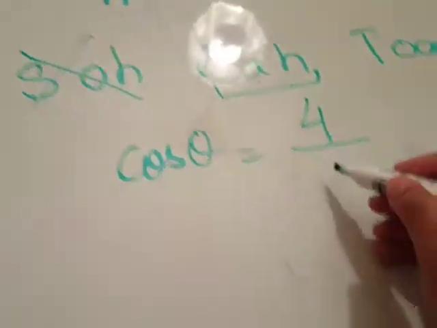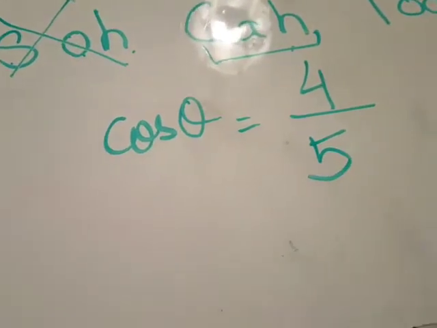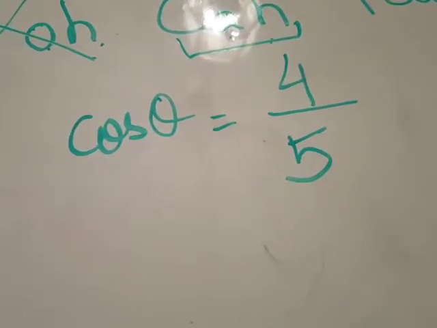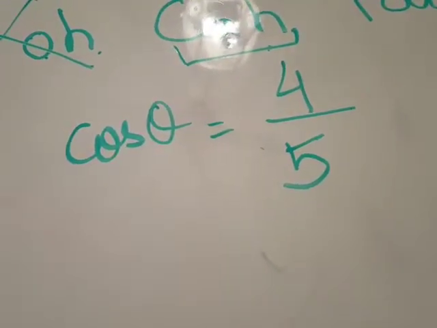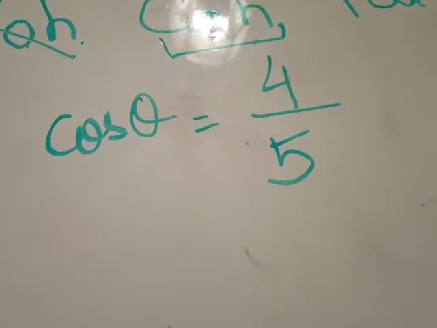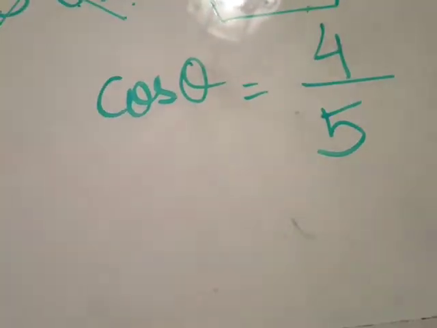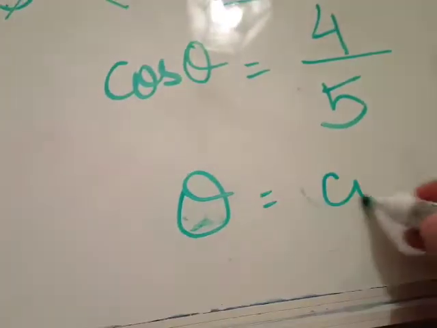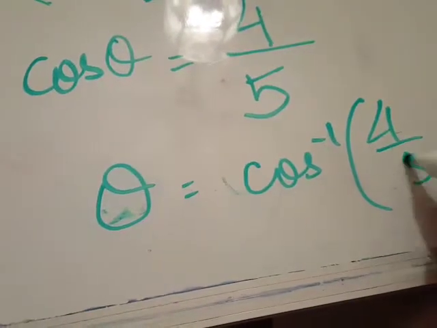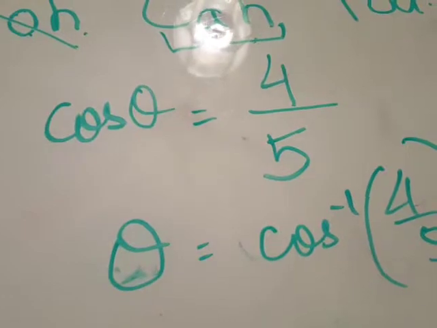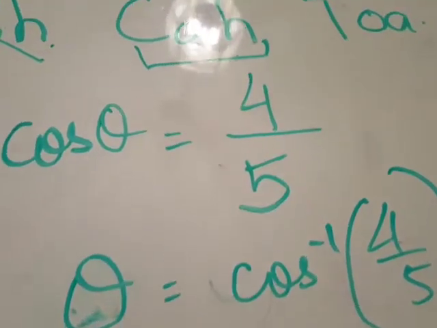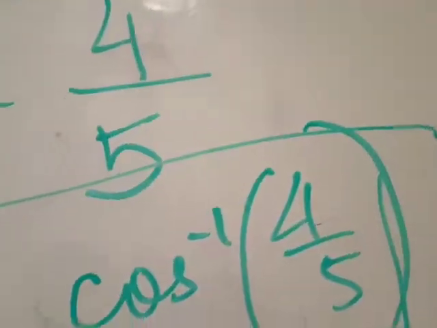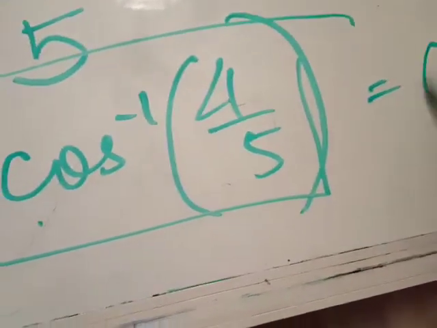And hypotenuse is 5. So cos theta equals 4 over 5, and theta is cos inverse of 4 over 5. You can go to your scientific calculator and write cos inverse of 4 over 5, shift cos, and that will give your unknown theta.